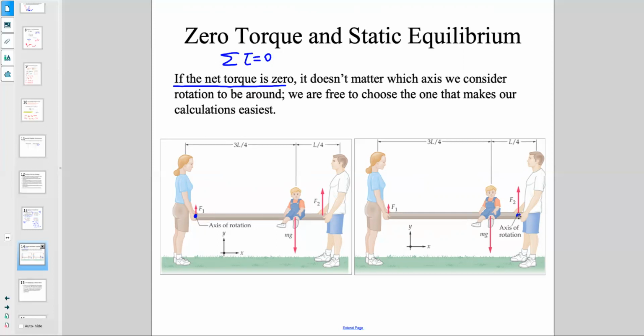If you consider this to be the axis of rotation, then you have mg acting 1/4 L from the axis of rotation, and then you have F1 upward, acting in a distance L from the axis of rotation. It does not matter which axis of rotation we consider to be our rotation point. So we generally use the one that makes our calculations a bit easier.